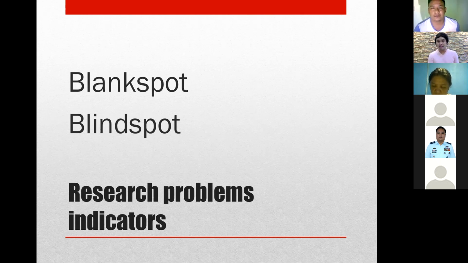Pag sinabing hypothesis testing, statistical or non-statistical? Statistical. Pag sinabing statistical, numerical or non-numerical? Numerical. So therefore, ang inyong research design sa blind spot ay quantitative research design.